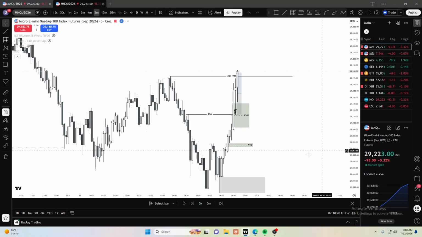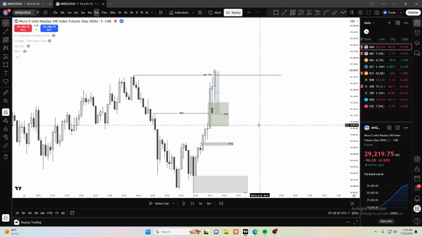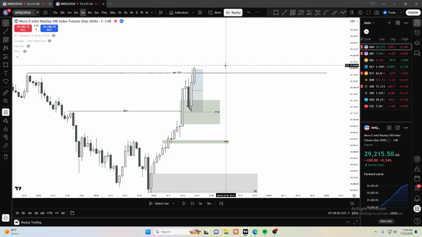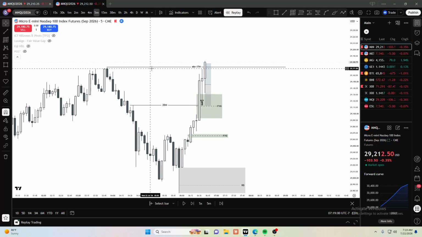What I should have waited for was either a come down into the 5 minute, or I think we did also end up forming a 5 minute. Wait for a 5 minute to form and then take it instead of taking this 3 minute. So it was a little pattern tradey. That's the only problem I had with today's trade.